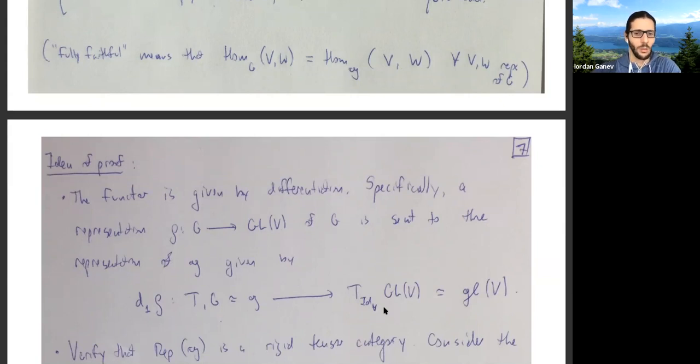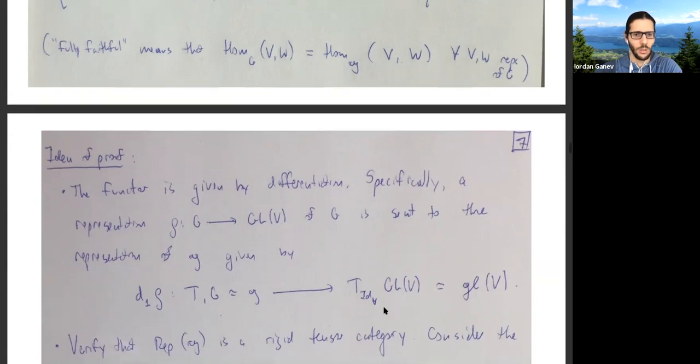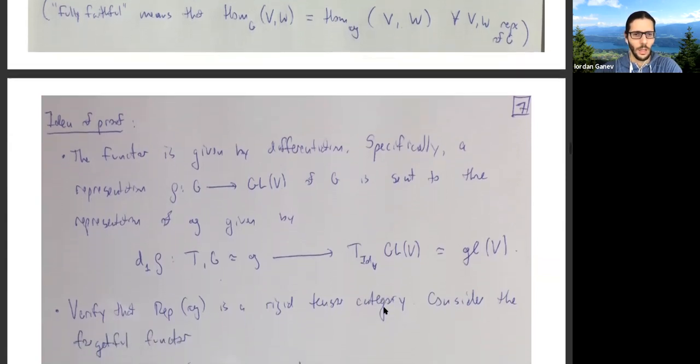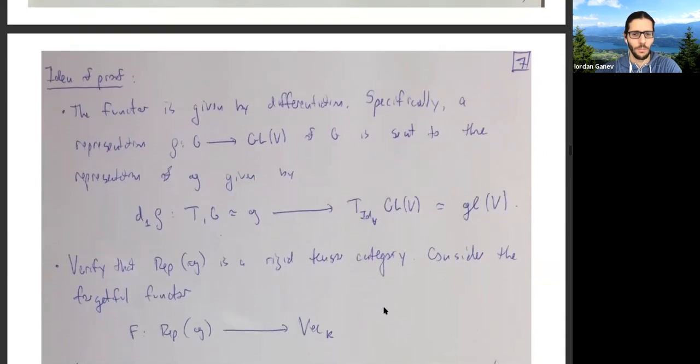So we already know what it is, and the next step in this proof is to check that the category of representations of the Lie algebra is a rigid tensor category. So there are duals and tensor products, and everything's compatible.